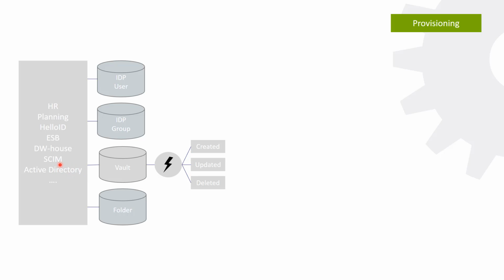So if something is changing here, for example in the HR system, that will cause a change in the Vault, and then a subsequent event will occur. Now, in the old situation, the 4.8 release, all the events were going to be fired off. But perhaps you want to create a more detailed level of events.